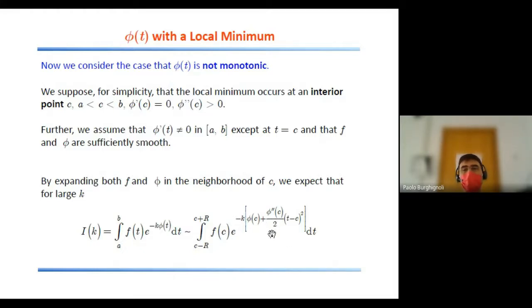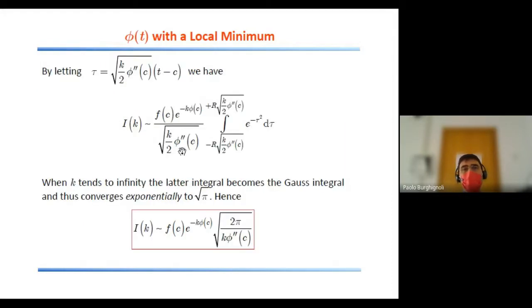Now, what can we do with this kind of integral? Well, first we have a simple Gaussian exponential in the new variable tau, and the variable tau is linearly related to the old variable t by this coefficient, the second derivative of phi evaluated at c.